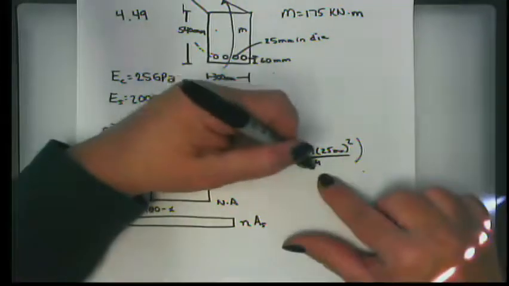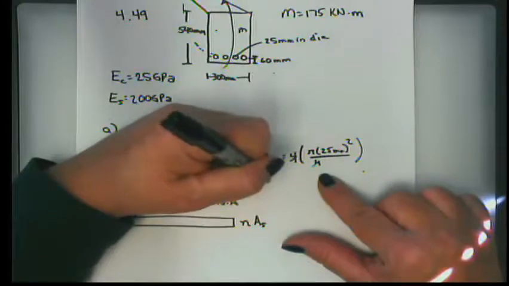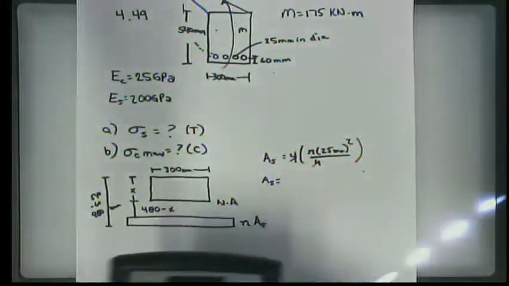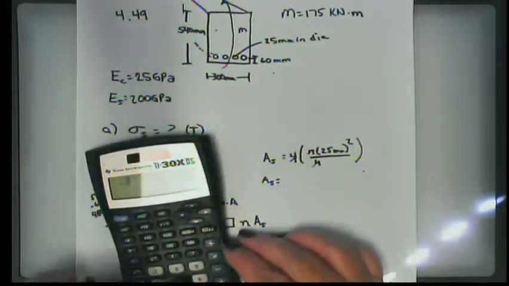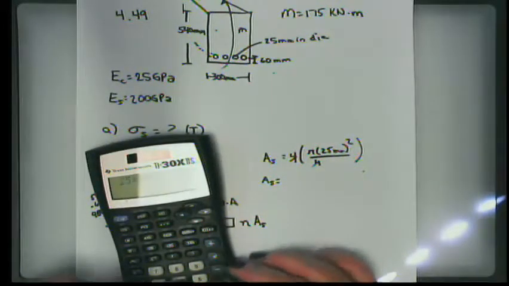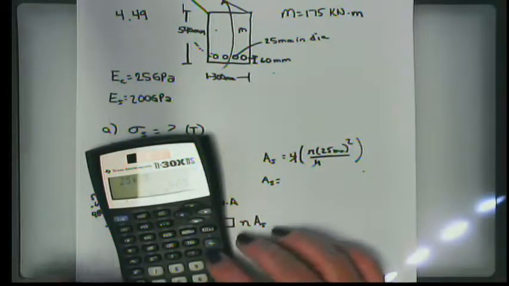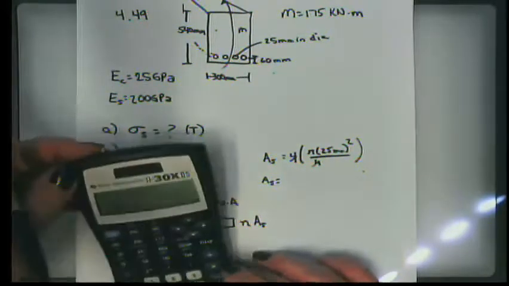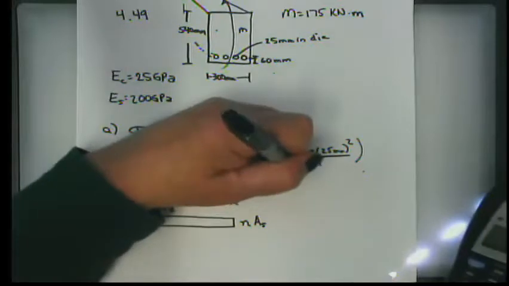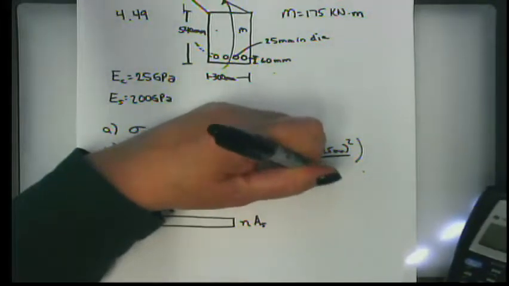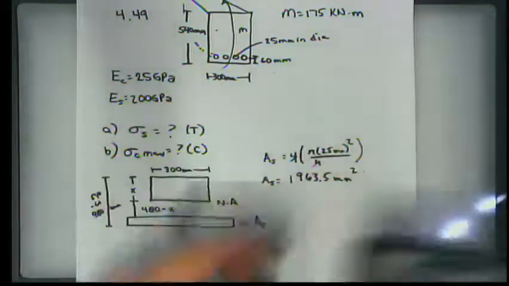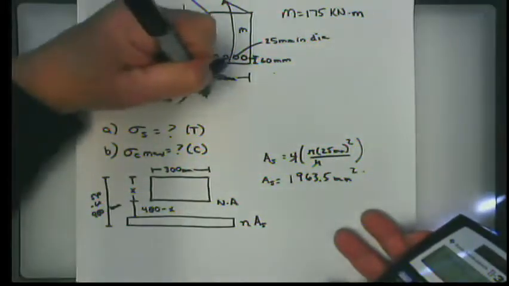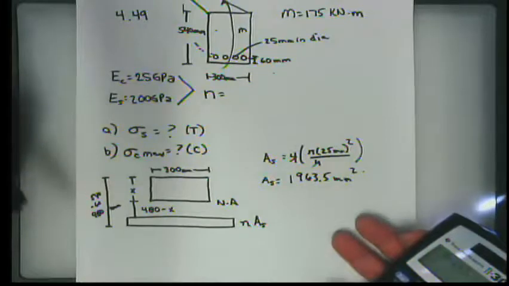All right, well, these will just cancel. So the area of the steel is, and I'm going to keep it in millimeters squared, if I square that, I get 625 multiplied by pi. I get 1963.5 millimeters squared.